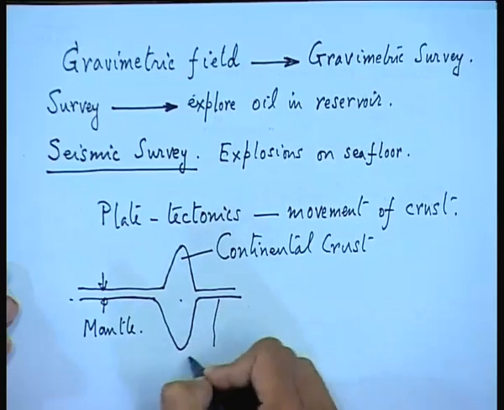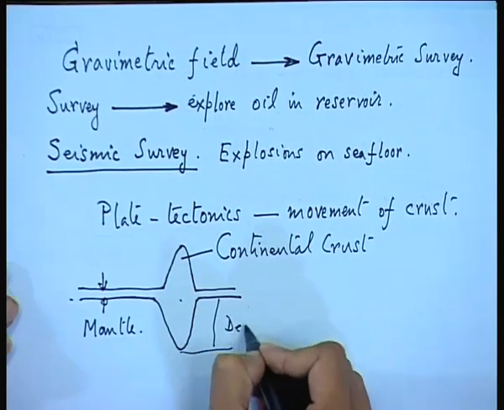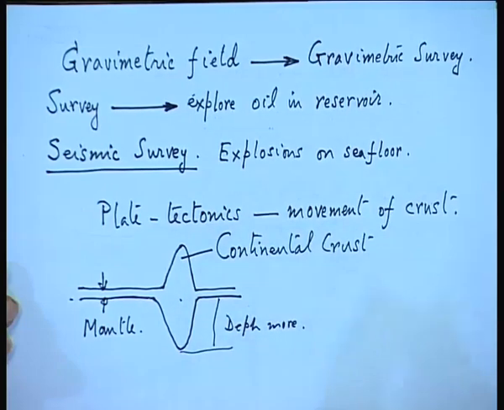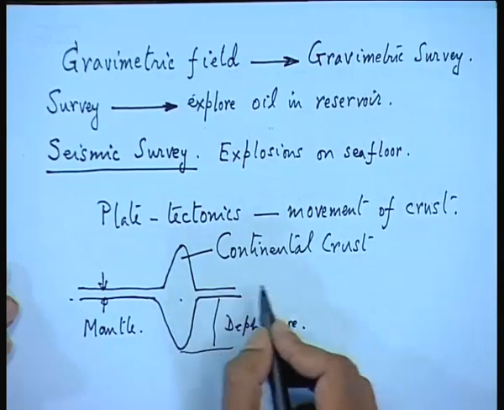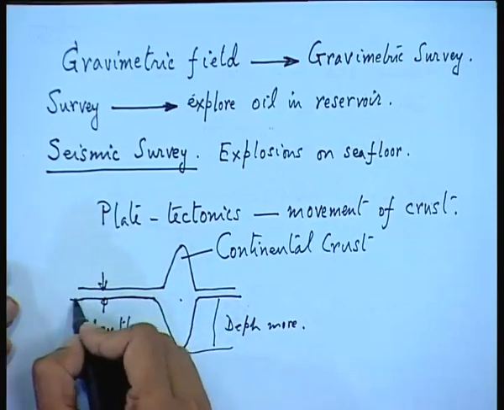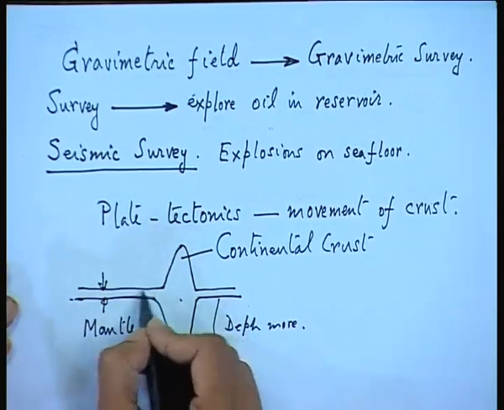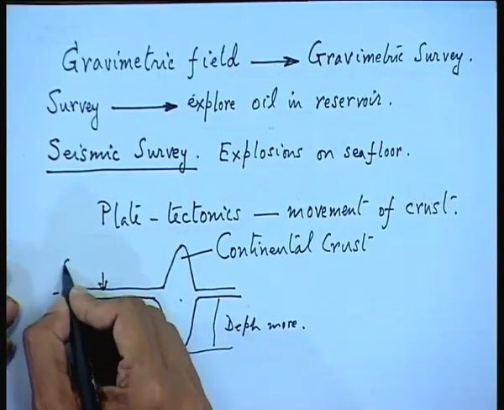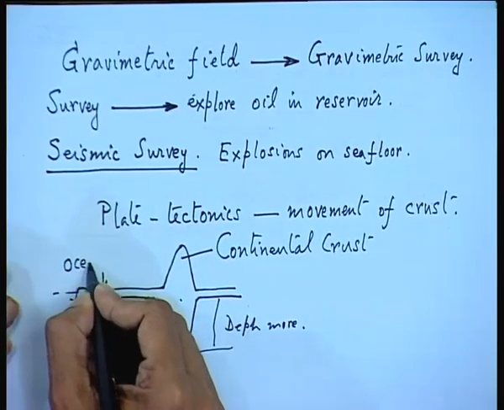So, here we can see the depth is more. This is one example to show that the continental crust is floating on the mantle. Here the continental crust becomes thinner and goes outwards. So, this is called the oceanic crust.